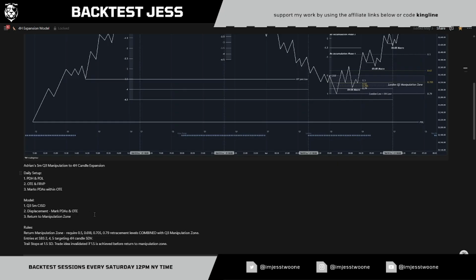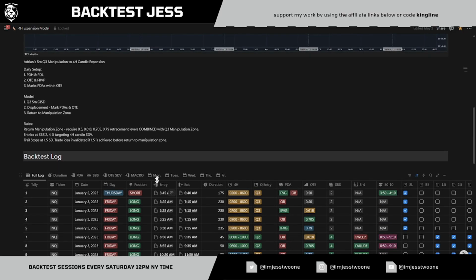We wait for a return to the zone, and then we're entering the trade at OTE levels 0.5, 0.618, 0.705, 0.79 retracement levels, and then in the form of entries SBS 245, and we are catching that trade for the 4-hour candle standard deviation.